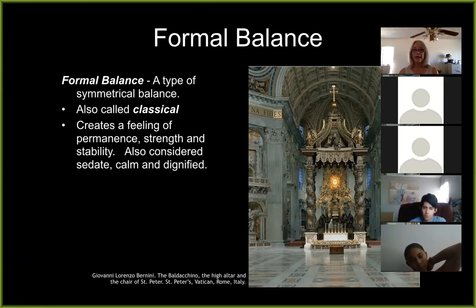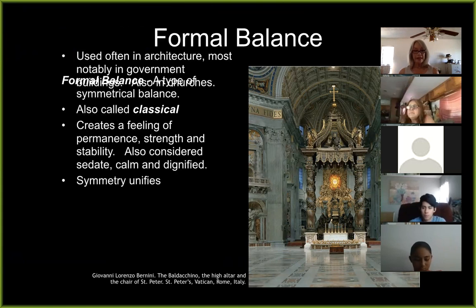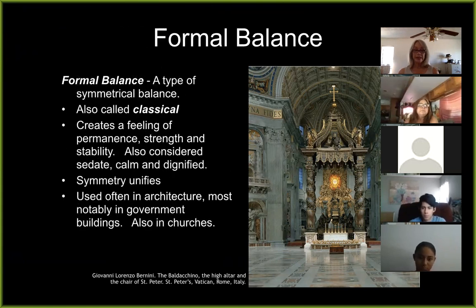So go into any cathedral. If you go into our capitol in Sacramento, you'll see very symmetrical balance, a formal type of balance. It unifies, and it's used quite often in architecture.